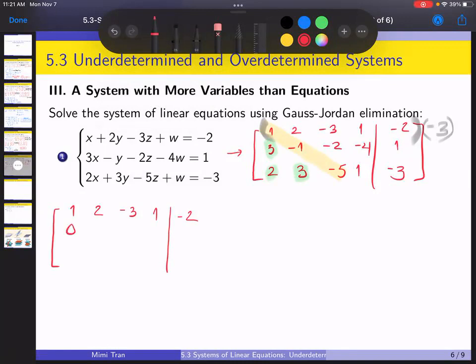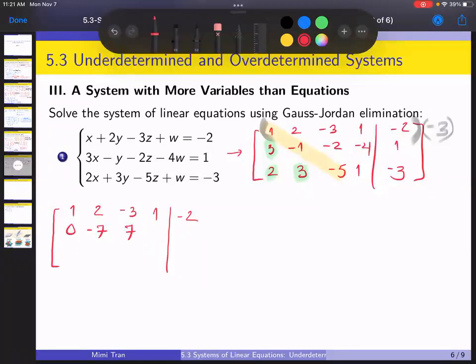-3 times 2 is -6. Add -1, -7. -3 times -3 is +9. Add -2 is +7. Feels a little deja vu. And -3 times 1 is -3.